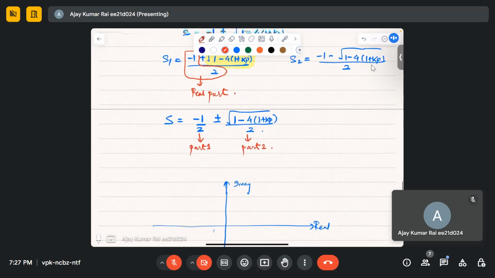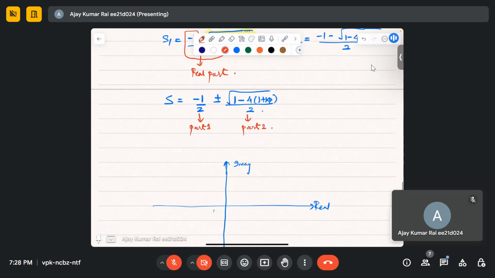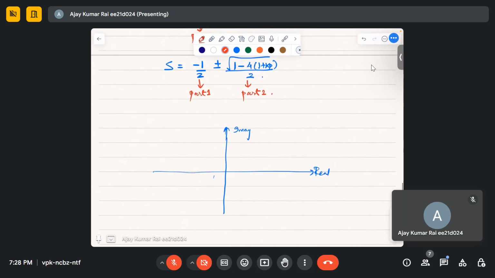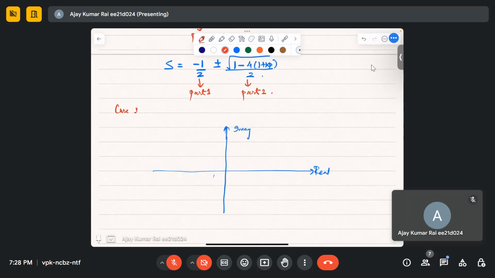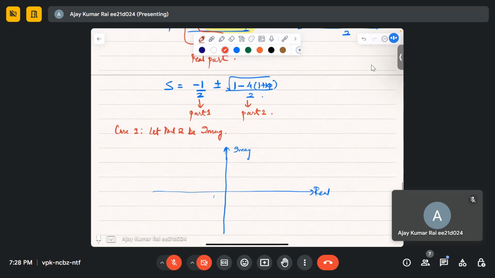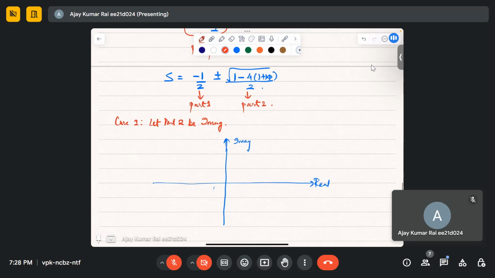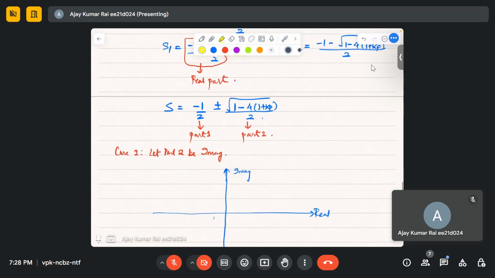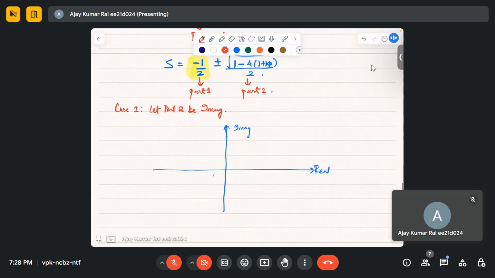Let part 2 be imaginary, as the first case. So what will happen if part 2 is imaginary? Part 1 is the real part, this one. So your poles will be lying like this, somewhere along this line, where this is minus 1/2.